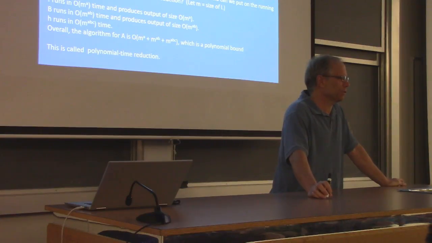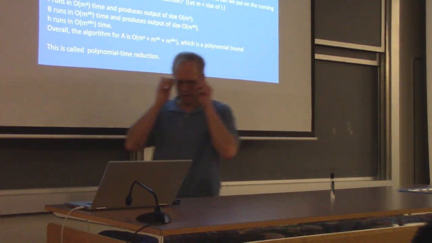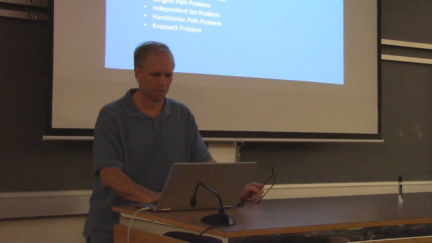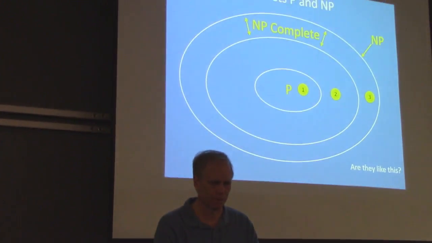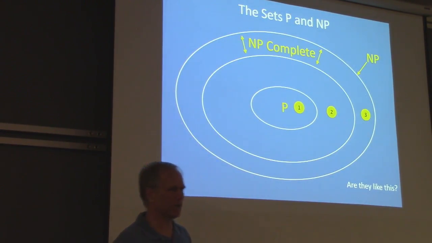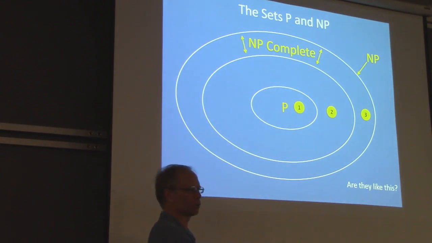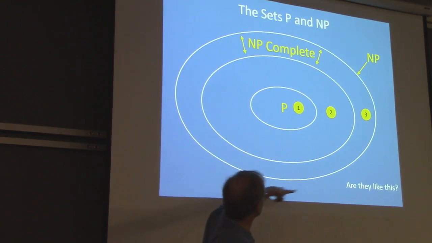A circular definition? No. We know that any problem, let me see if I can find a, I don't have to draw in the air here. There you go. This is the most likely scenario of the way our world is organized. NP is this outer circle.